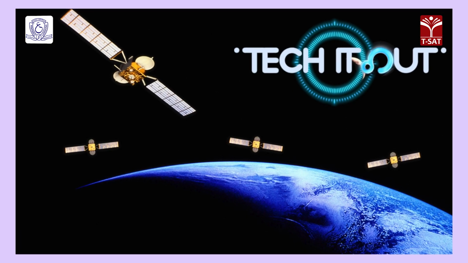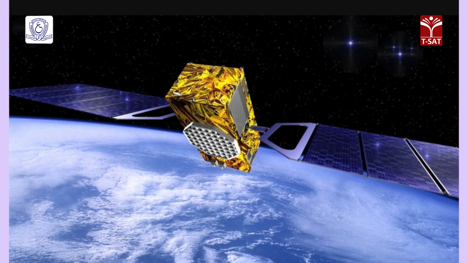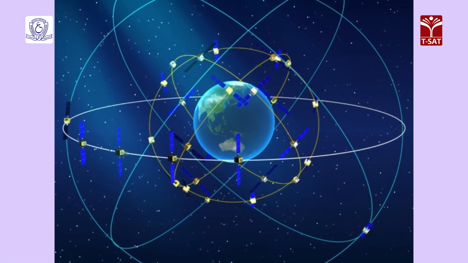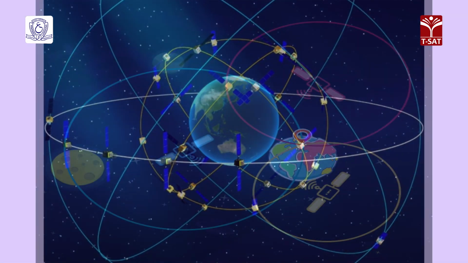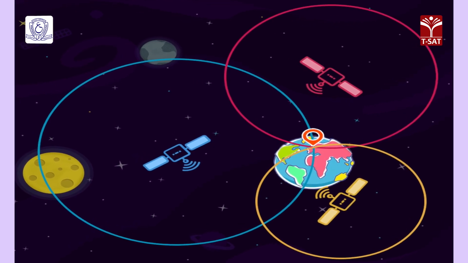This BeiDou-3 system is proposed to consist of 30 MEO satellites and 5 geostationary satellites. A 16 satellite regional version covering Asia-Pacific areas was completed by December 2012. Global service was completed by December 2018.